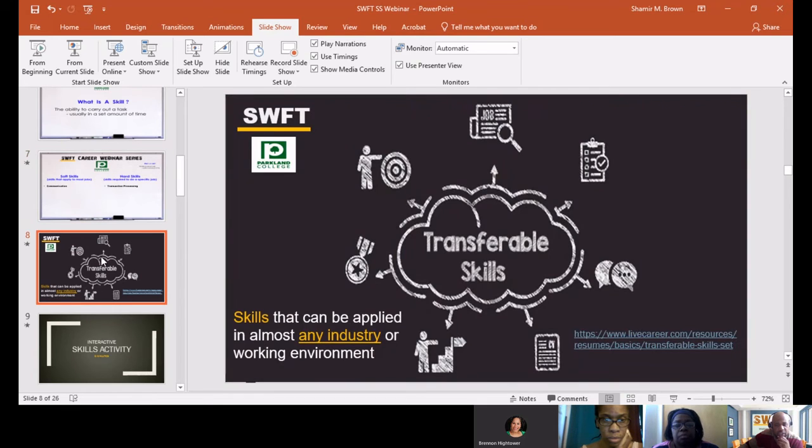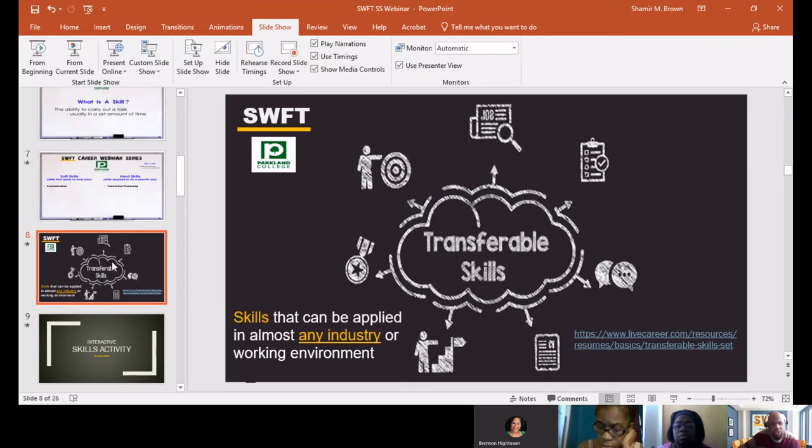Another skills category would be transferable skills. Transferable skills are those that can be applied to almost any industry or working environment. A good example would be transaction processing, which I mentioned earlier. Almost every business has a cash register or a way that customers have to pay for things or apply for credit.